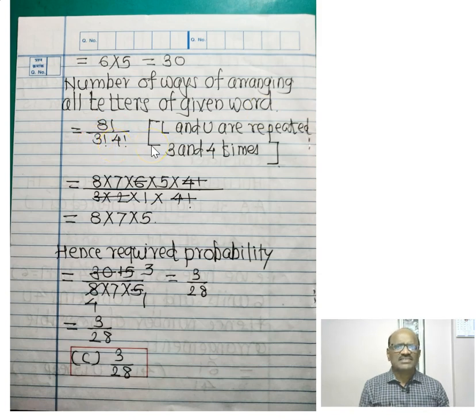The total letters are 8, and L and U are repeated 3 and 4 times, hence it is written like this. After simplification, you get 8 into 7 into 5. Hence, the required probability is 30 upon 8 into 7 into 5, that is 2 upon 28, which equals 3 upon 28.